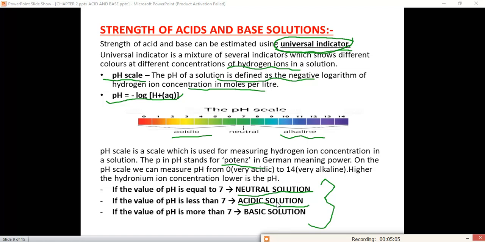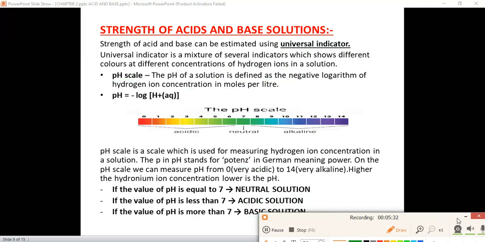Lemon, tomato, juice, etc. If the value of pH is more than 7, then which type of solution? Basic solution. And what are the examples? The examples of basic solutions are milk of magnesia, sodium hydroxide solution, baking soda, etc.